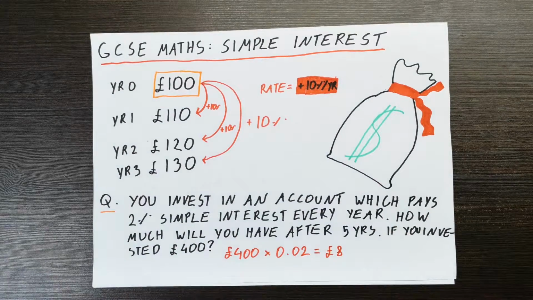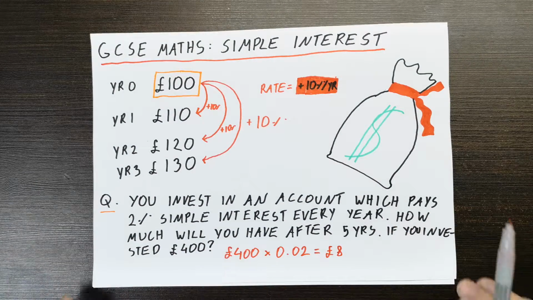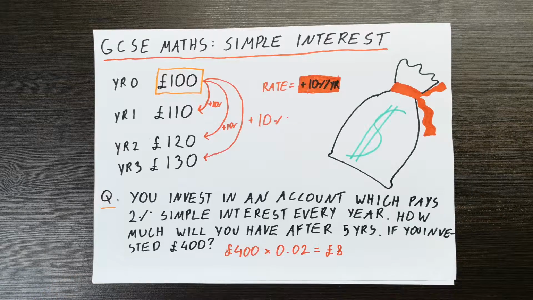So now we know that 2% of £400 is £8, and every year we have £8 added onto this amount. So after year 1 we will have 408, after year 2 we will have 416, and so on.